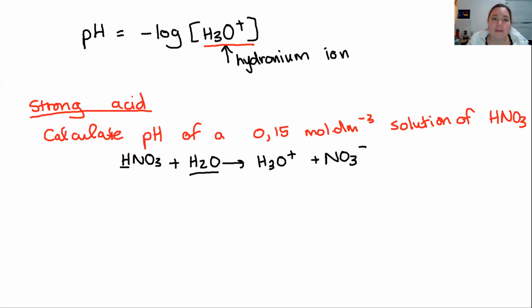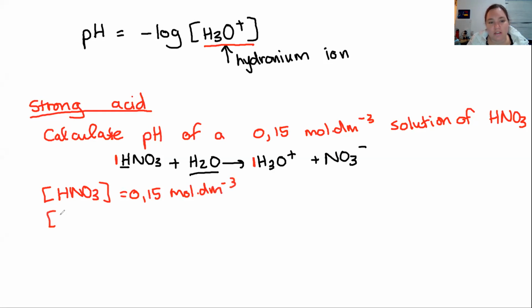The whole reason that I did this is I wanted to show that one nitric acid produced one hydronium ion. So I can therefore assume that the concentration of HNO3 is 0.15 mol/dm³. And since it's 1-to-1, the concentration of H3O+ is also going to be 0.15 mol/dm³.